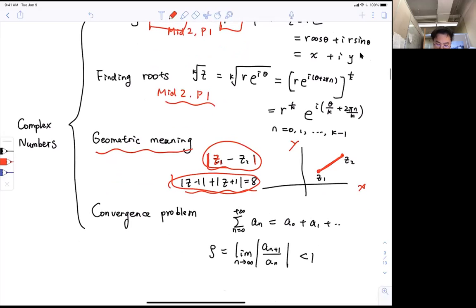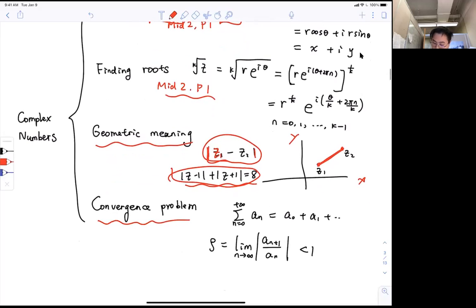And another thing you need to know is the convergence problem. Basically, given a series like this, it asks you for what values of z this series converges.